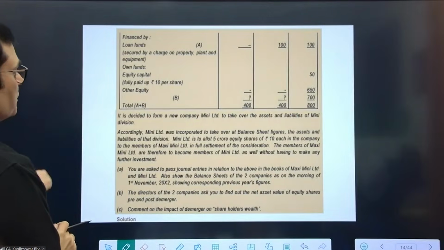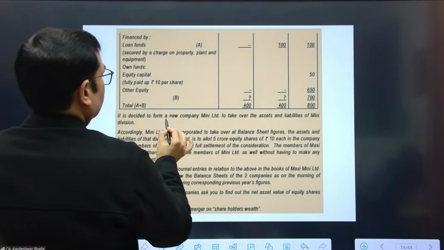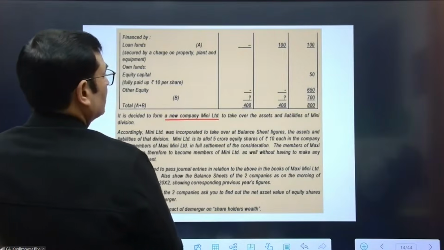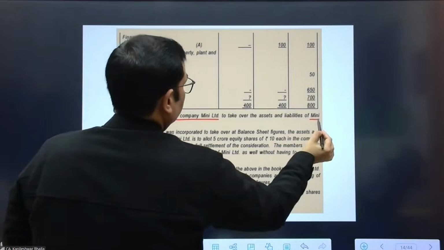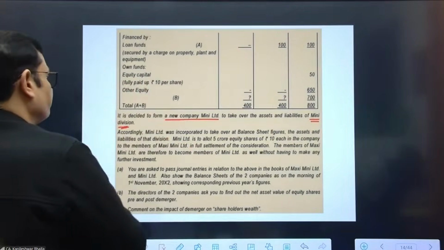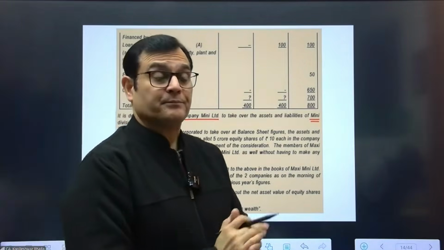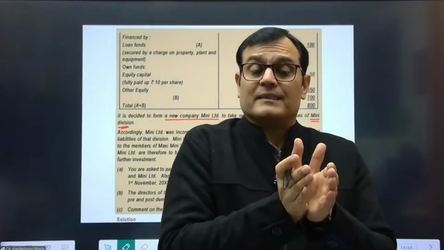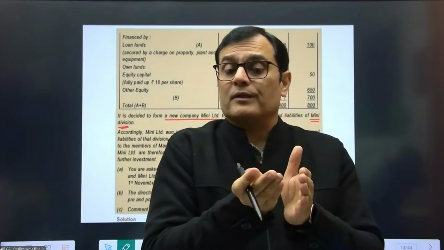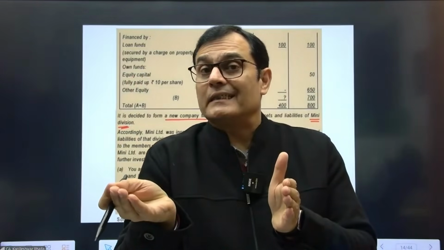Then it says in the additional information, it is decided to form a new company Mini to take over the assets and liabilities of Mini division. So you can see that this is a case of a pure demerger happening. The company Maximini has got two divisions, and one of the divisions is being created as a separate company, demerging the company.